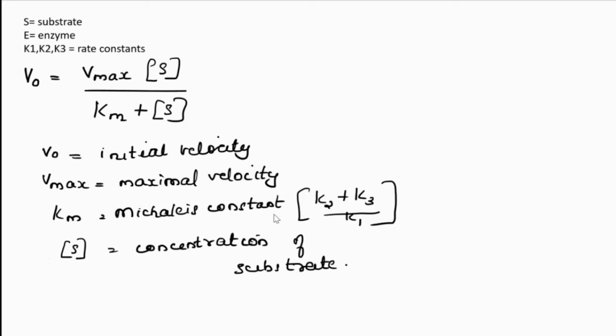Km is Michaelis constant, we can write it as K2 plus K3 divided by K1. All this together we can rewrite in the form Km. And concentration of S is the concentration of substrate. These are the letters. V0 is equal to Vmax concentration of S divided by Km plus concentration of S.